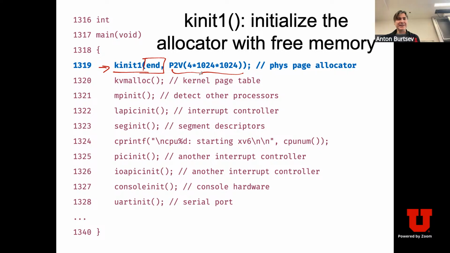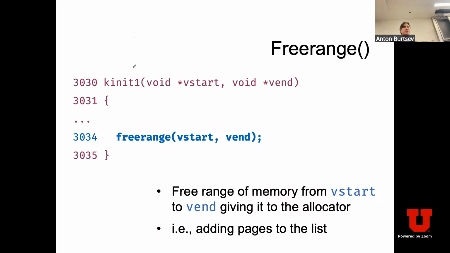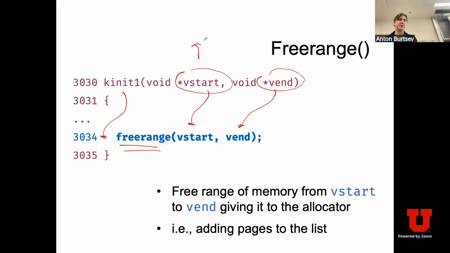Let's take a look at what's inside this function. So kinit1. So we just descend into this function. And essentially this function itself calls another function, which is freerange, which passes the start and the end arguments inside. So this was initialized as end, and this one 4 megabyte essentially, but converted to virtual.